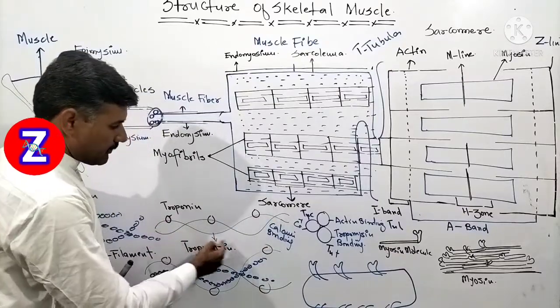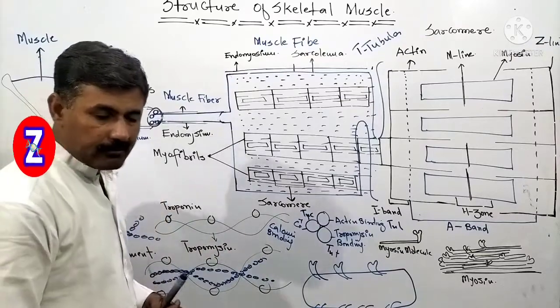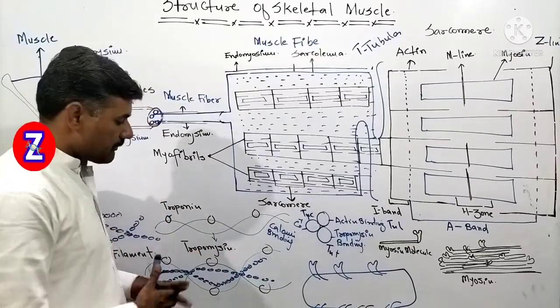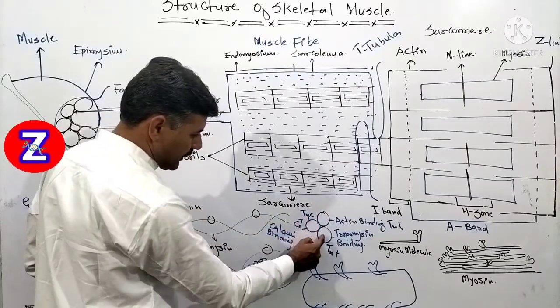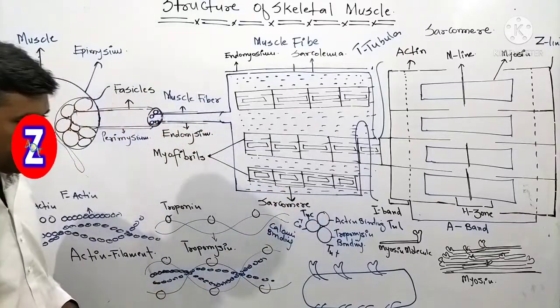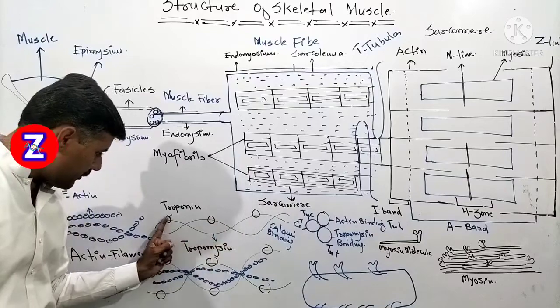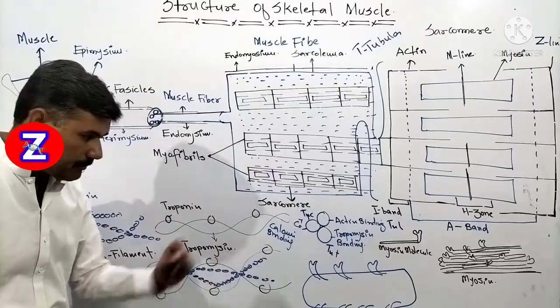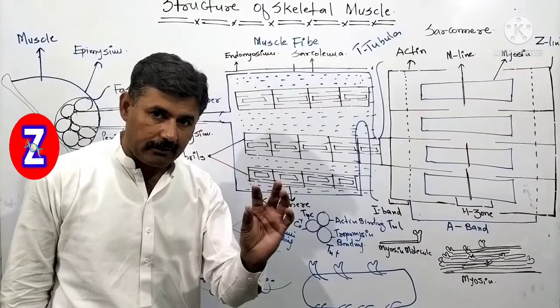And on this tropomyosin, at different intervals, there is another small protein present, called troponin. This is the structure of troponin, and troponin is present on tropomyosin. Troponin is basically made up of three units.